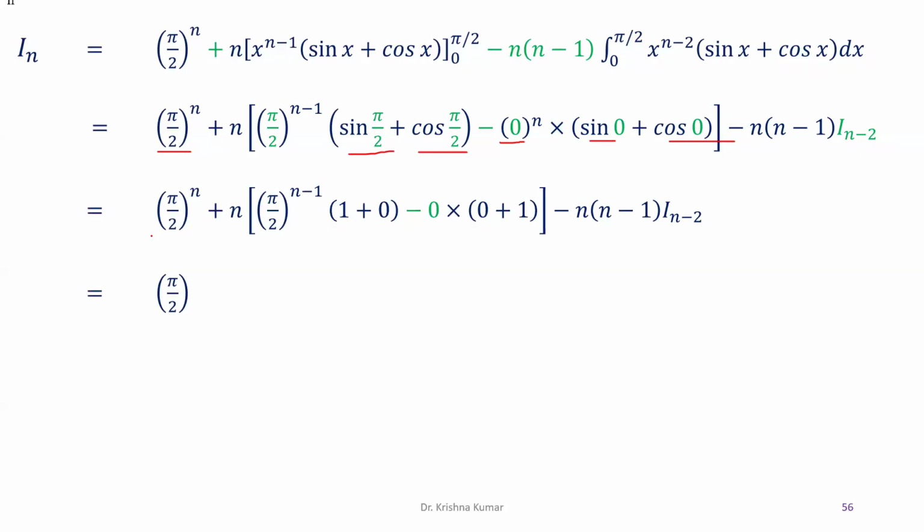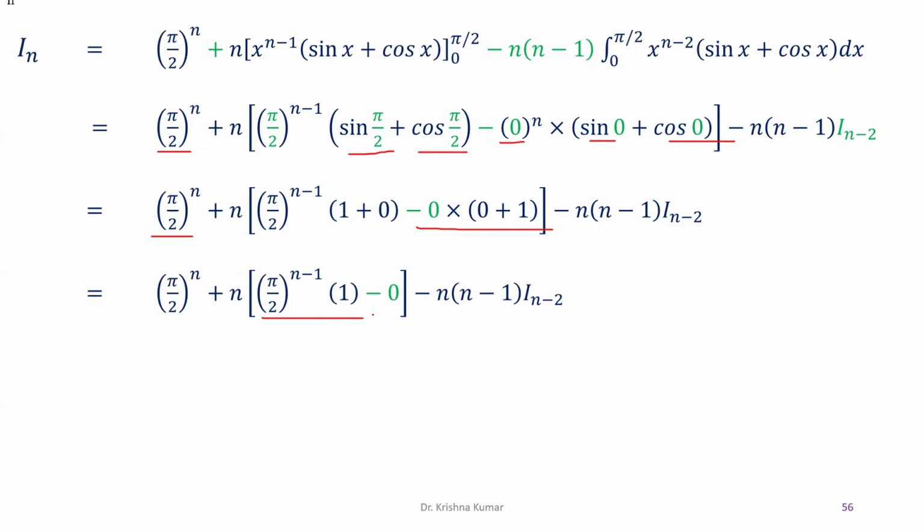If we again simplify it, (pi by 2) to the power n plus n (pi by 2) to the power n minus 1 into 1 minus, this is nothing but 0, minus n into (n minus 1) into I_(n minus 2). So which gives us (pi by 2) to the power n plus n into (pi by 2) to the power n minus 1 minus n into (n minus 1) into I_(n minus 2).